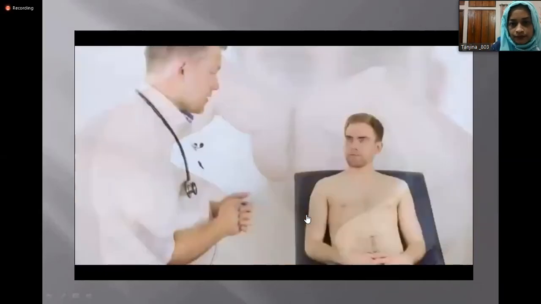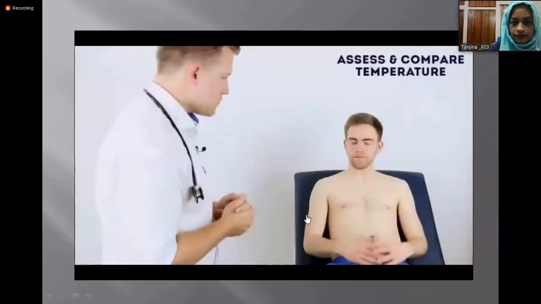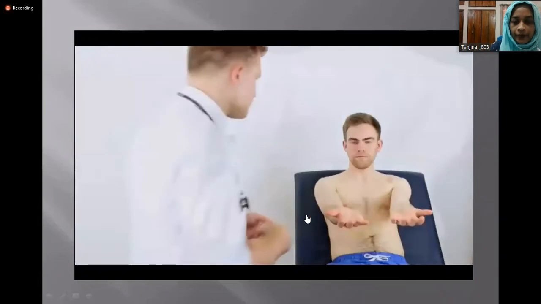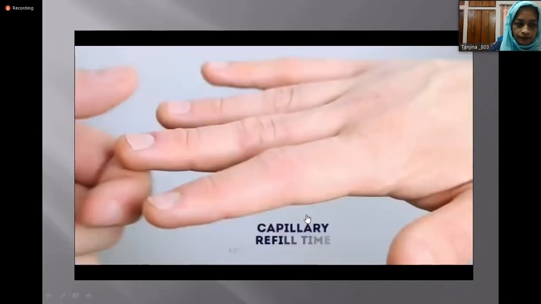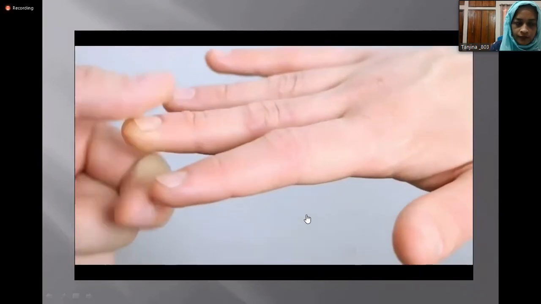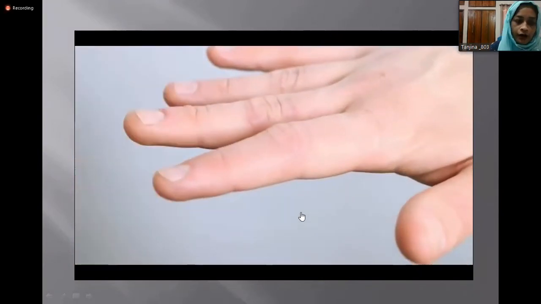Then assess and compare the temperature of both hands. And lastly, examine the capillary refill time. It is better to check the oxygen saturation using a pulse oximeter. Some renowned professors, like our Professor Brigadier General Fatima Madam, also like it.